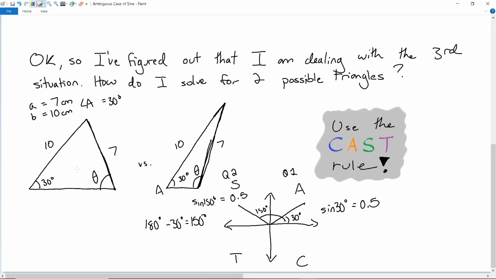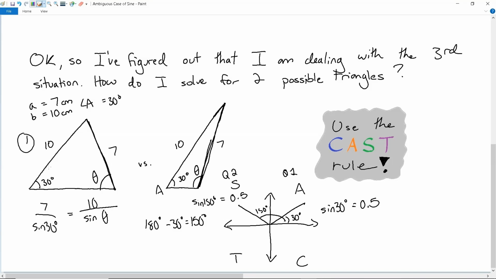And I can show that with sine law. Because if I were to set up sine law for this first triangle right here, I could say 7 over sine 30 degrees equals 10 over sine theta.